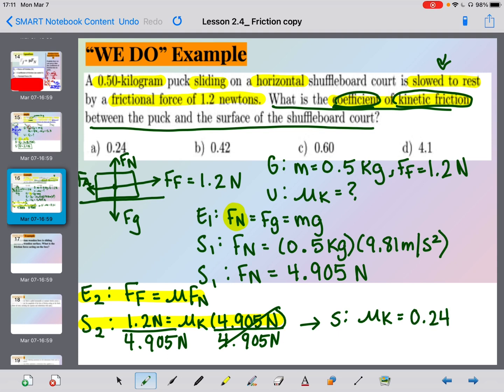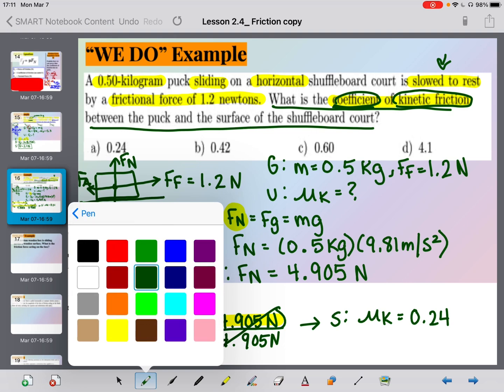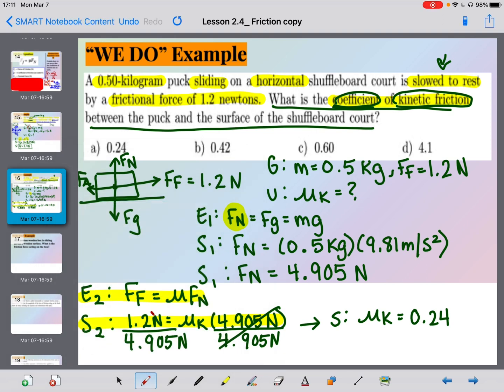Remember, the coefficient of friction is a unitless quantity, so if you write units after it, that's automatically wrong. This is the only time a number is allowed to be naked and it's acceptable. The reason it becomes a naked number is because my newtons cancel out, and so you're just left with the coefficient of kinetic friction of 0.24.